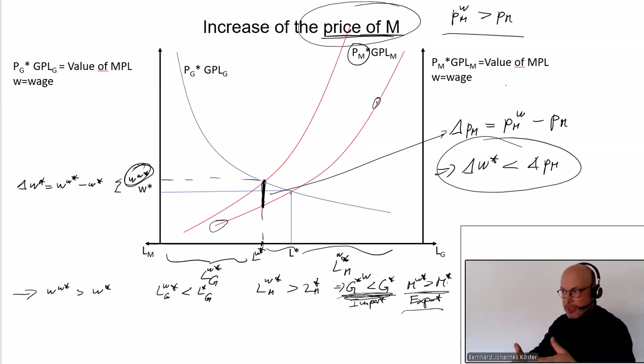And now, of course, it is true. Let's say per month, it's not now 3,000 euros, but 3,500.